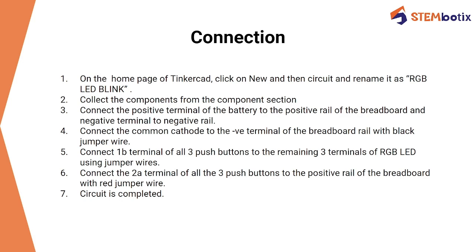Connect the 1B terminal of all the 3 push buttons to the remaining 3 terminals of the RGB LED using jumper wires via a resistor. Connect the 2A terminal of all the 3 push buttons to the positive rail of the breadboard with red jumper wire. Your circuit for the RGB LED connection is completed here.